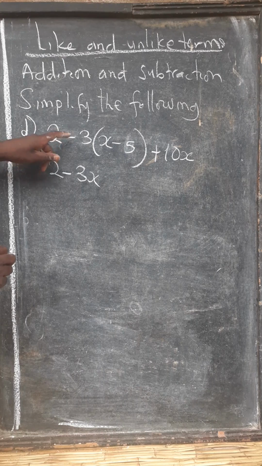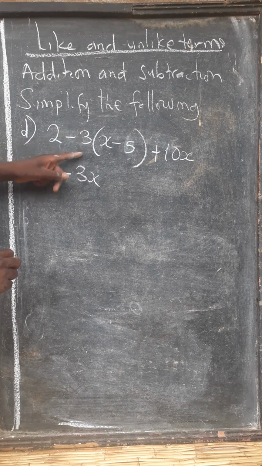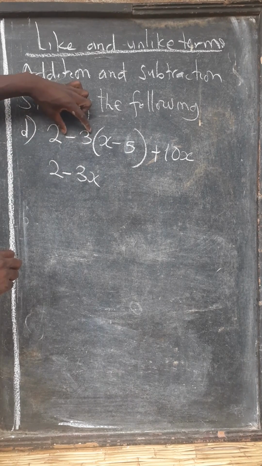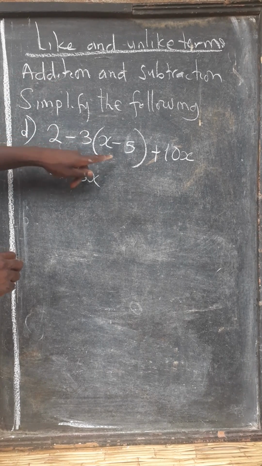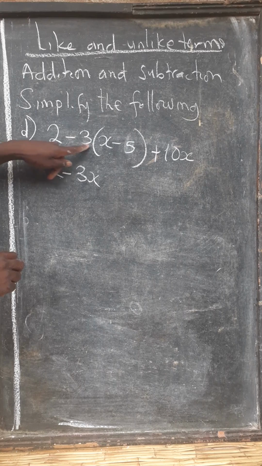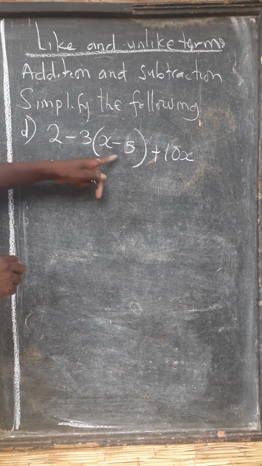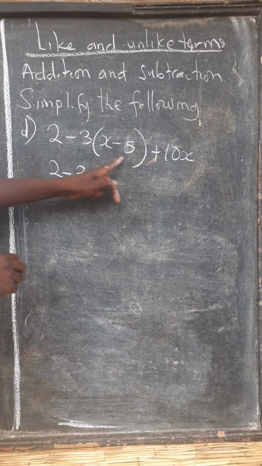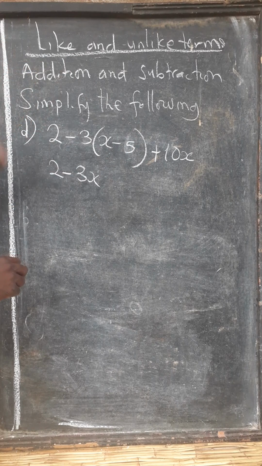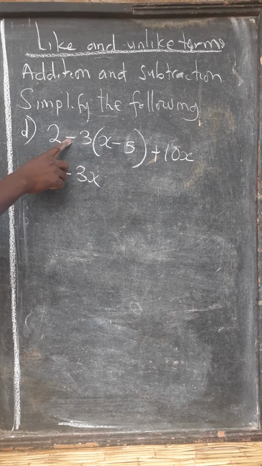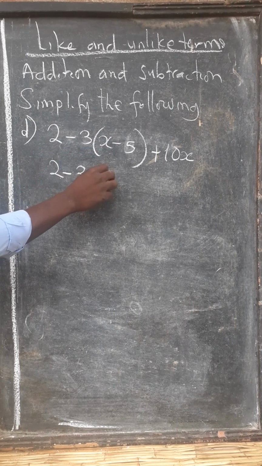Now, the sign that we have outside the brackets is treated like negative 3. We treat it as negative 3 multiplied by this also negative 5. This minus and this minus will give us a positive.